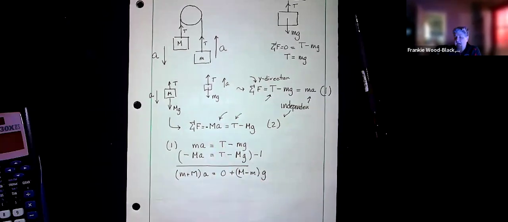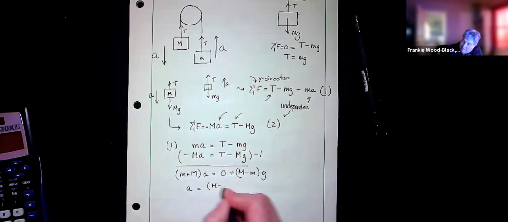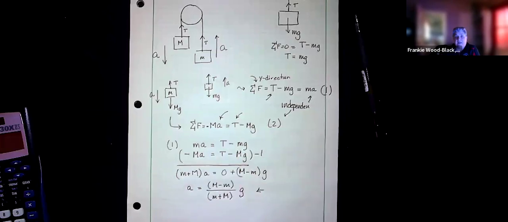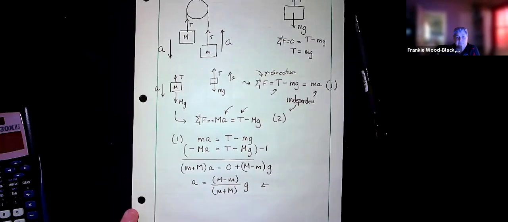So I just did that as my 2 equations, 2 unknowns. I can solve for acceleration. Acceleration is now big M minus little m divided by little m plus big M times gravity, and that gives me my acceleration. Then I can plug that back in there to get my tension.